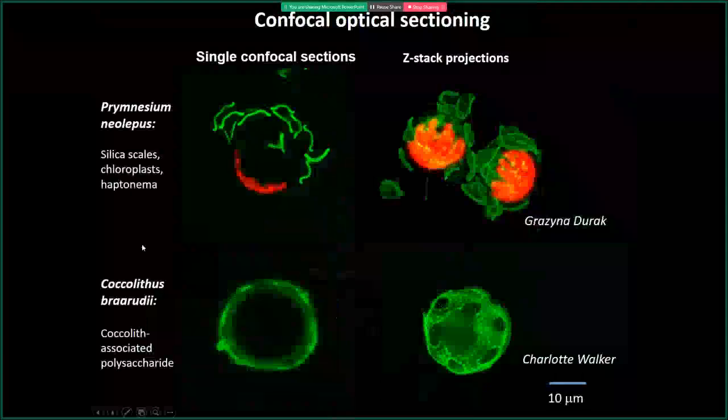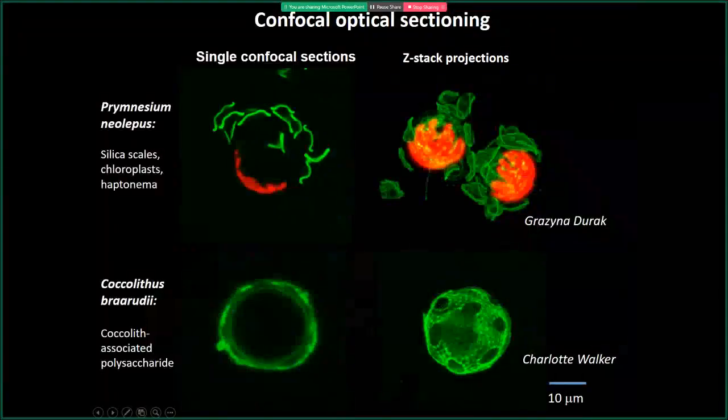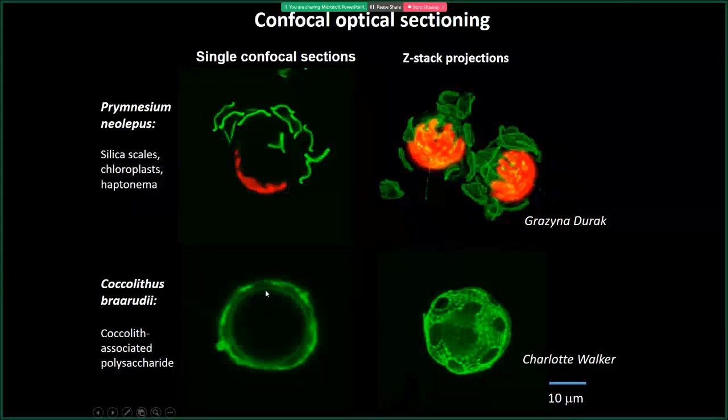So these are just some examples of how we can use a laser scanning confocal microscope. On the top here we have some examples of a haptophyte alga, and this is stained with a dye which can allow us to image the silica scales that it produces, and that's what the green fluorescence is.